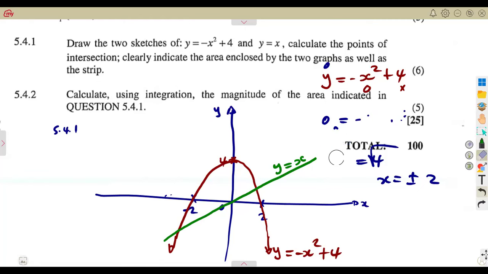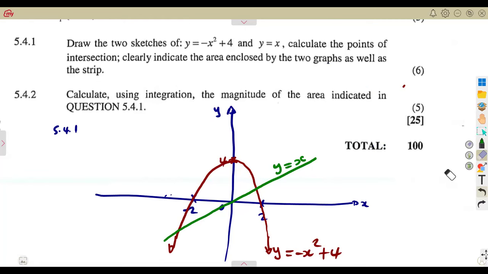So with this part, we are asked to draw these graphs. As you can see, these 2 graphs do intersect. At this point, we need the x value corresponding. That is why they are saying calculate the point of intersection. Clearly indicate the area enclosed by the 2 graphs as well as the strip.